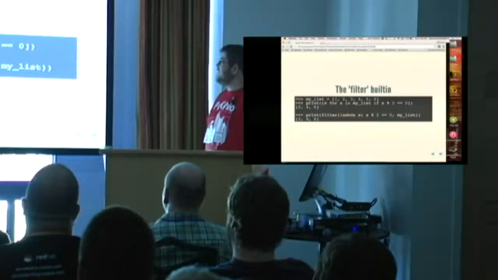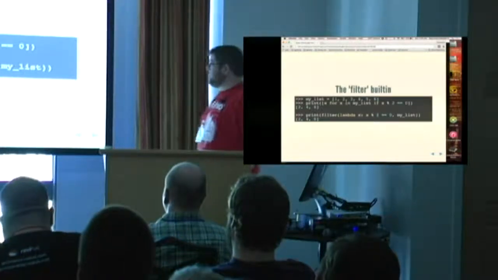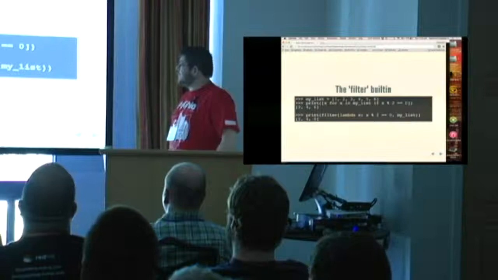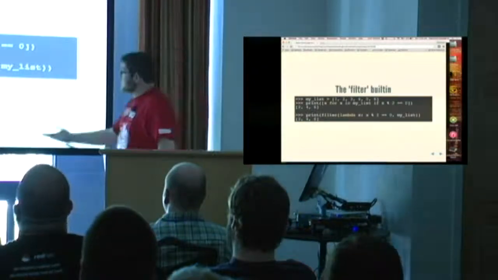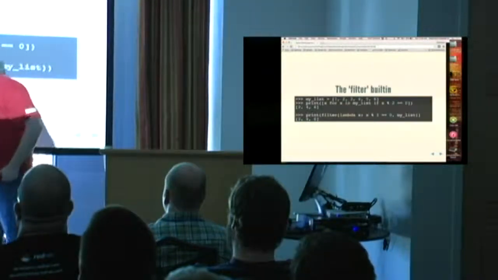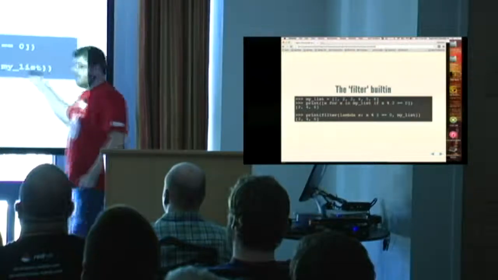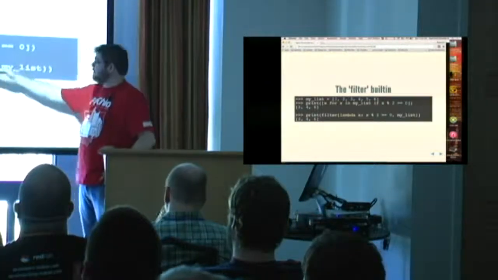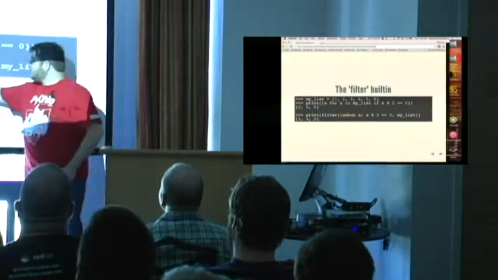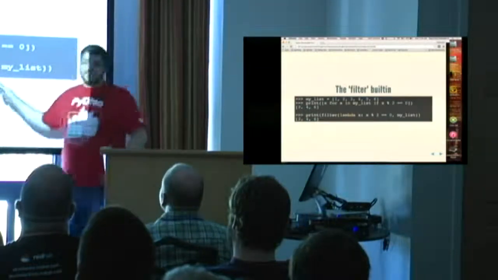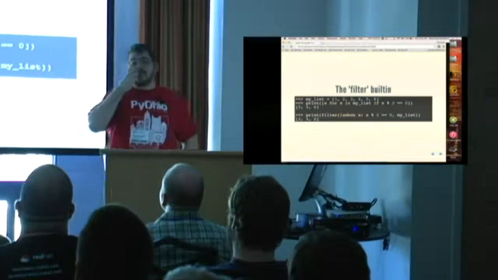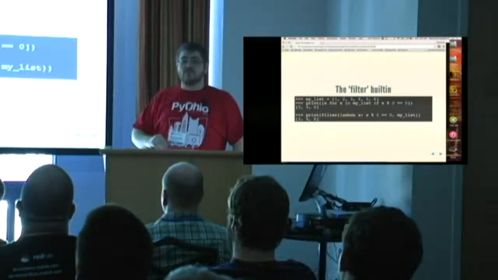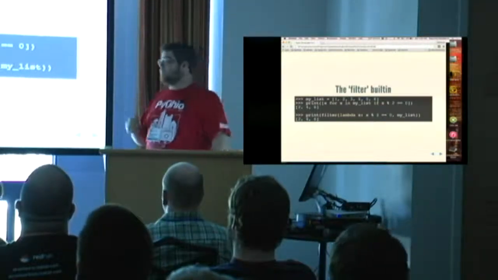So the first one here is that list comprehension from before. Pretty simple, but here we're using a lambda, and we're using the filter. What filter does is it says, for each item in the iterable that I pass to filter, I want you to apply this lambda, which is an equality check, that is expected to return either true or false.